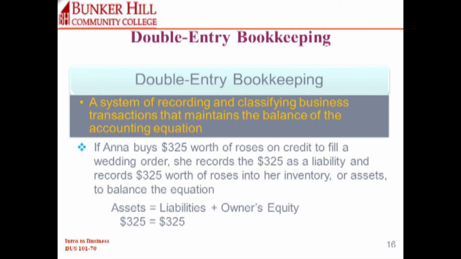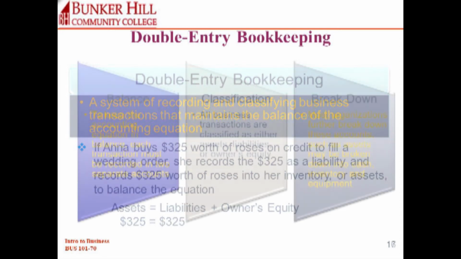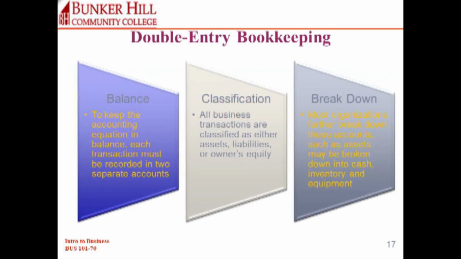So she has to count the liability as $325, but she also has $325 in assets. And if you look at the accounting equation, they equal the same. That's the whole point of this. That's where double entry leads to the accounting equation. When she sells those flowers, probably at a retail markup, she will make a profit. And we'll show you how to do that on a subsequent slide. Slide 17 shows the purposes of double entry bookkeeping.